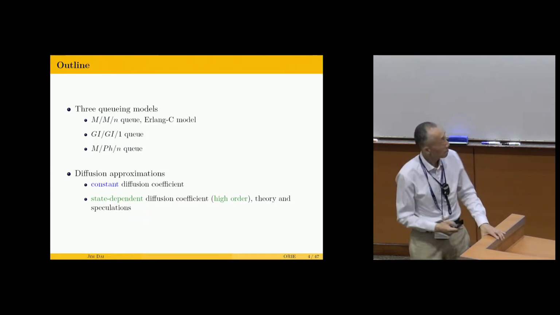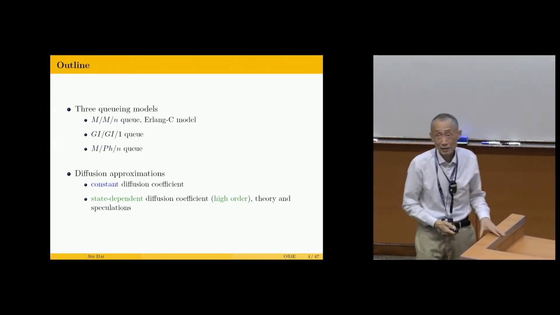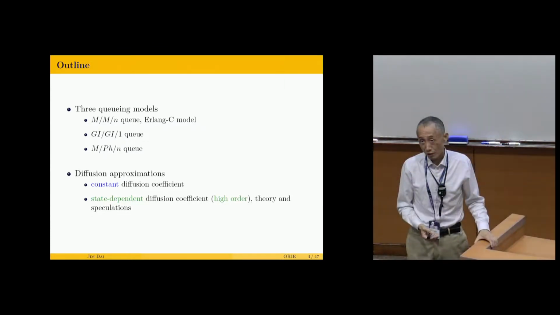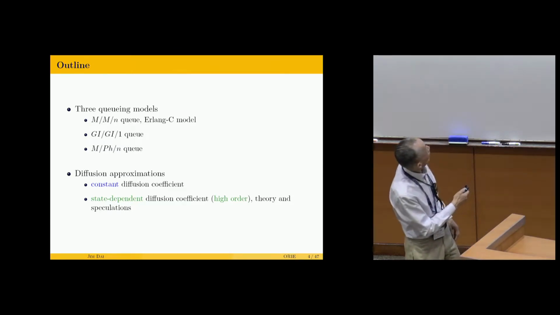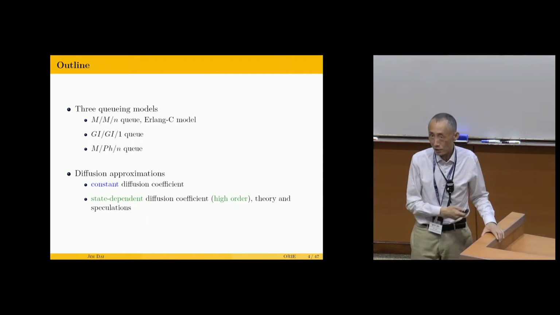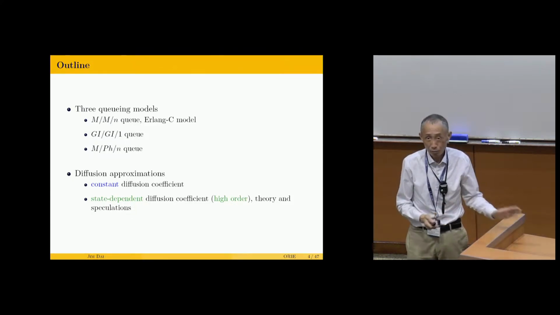The one key message I want to promote is using a so-called state-dependent diffusion coefficient to approximate these queuing systems. In the last 50 years, the research community has essentially been using a constant diffusion coefficient.